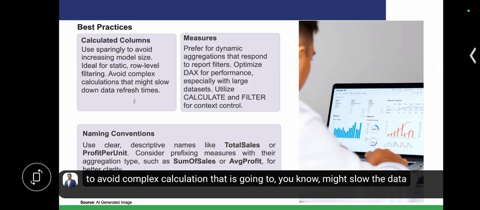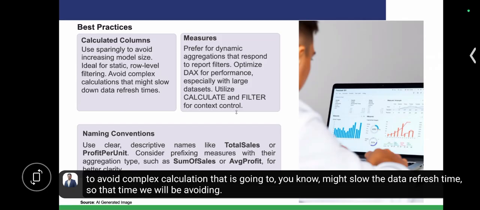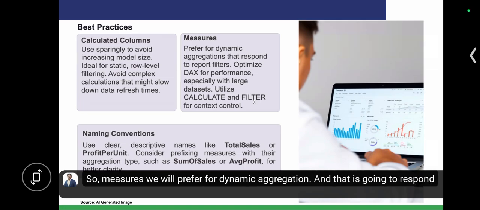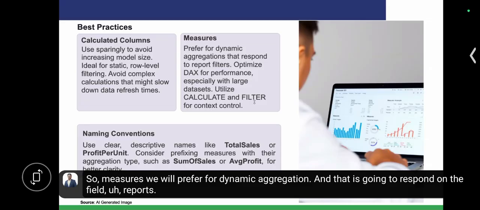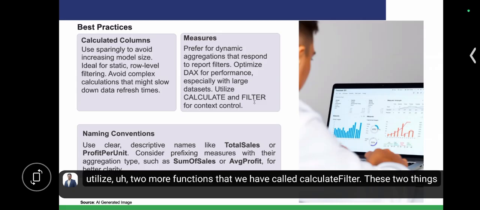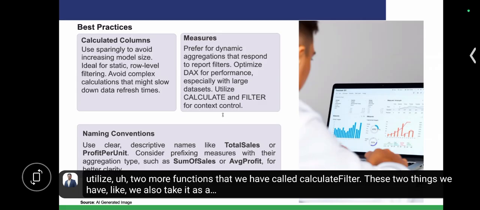So measures we will prefer for dynamic aggregation, and that is going to respond on the reports. If we add some filters, that time it is going to be helpful for us. To optimize the DAX for performance, utilize two more functions that we have called calculate and filter. We also take these as advanced DAX functions.